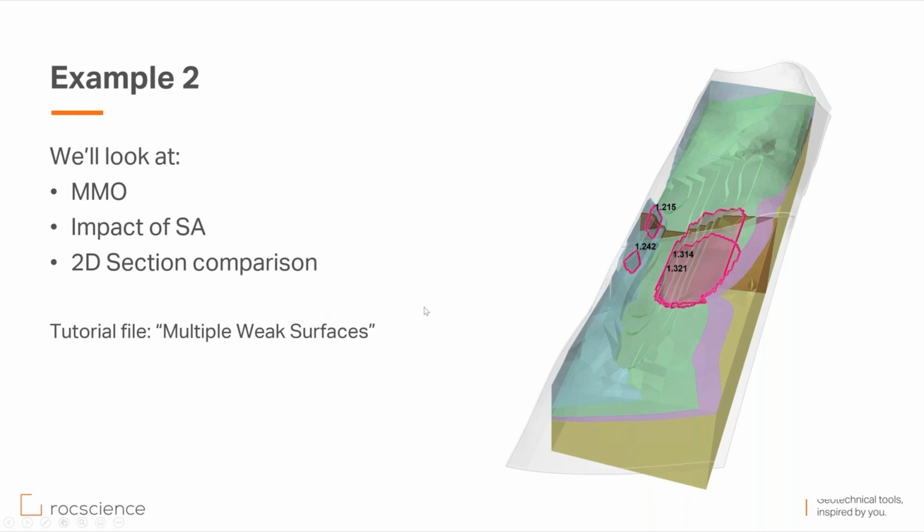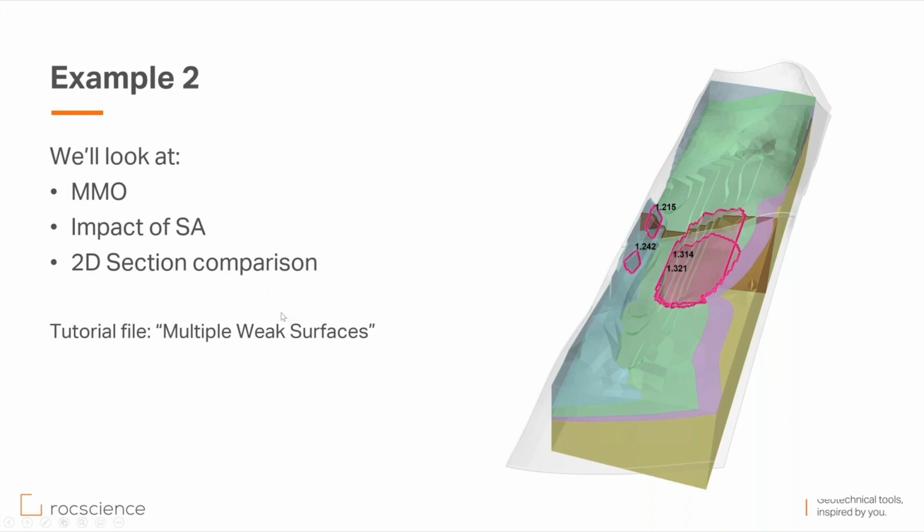For this one, we will particularly look at the results of MMO and also assess the relative impact of the surface altering algorithm, which is available in both Slide2 and Slide3. And then at the end, we'll also do a 2D section comparison where we analyze the critical slip surfaces in Slide2. There's a very easy way to export that and do that automatically.